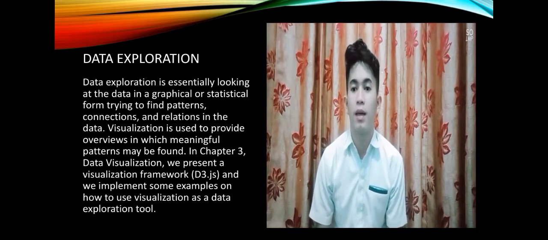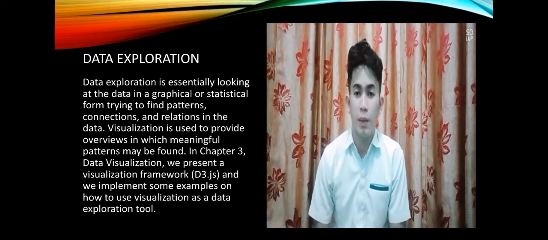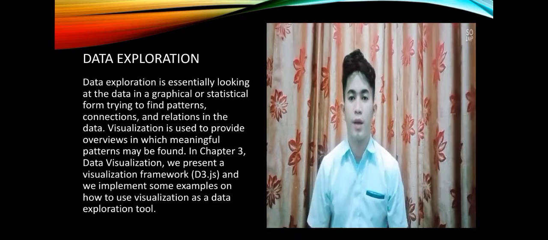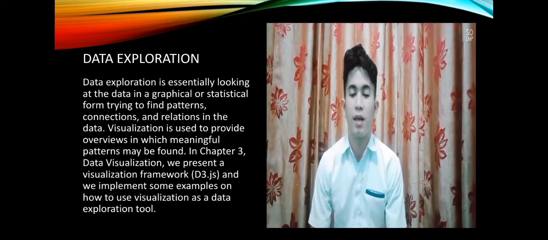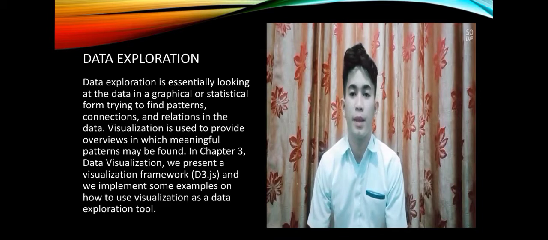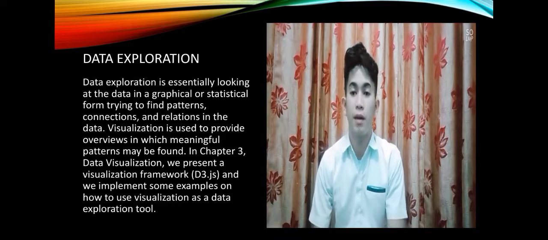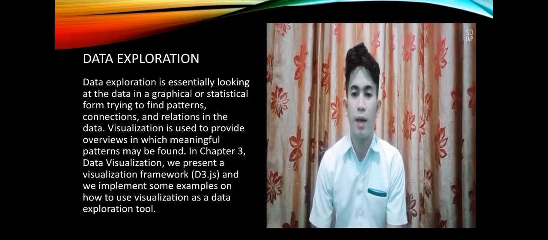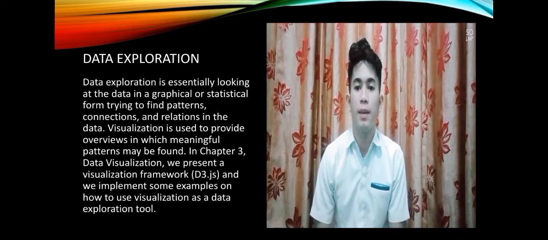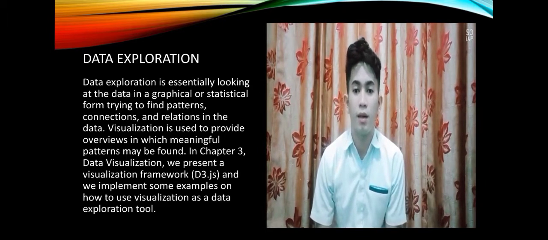In Chapter 3, Data Visualization, we present a visualization framework, D3.js, also known as D3, short for Data Driven Documents, a JavaScript library for producing dynamic, interactive data visualizations in web browsers, and we implement some examples on how to use visualization as a data exploration tool.